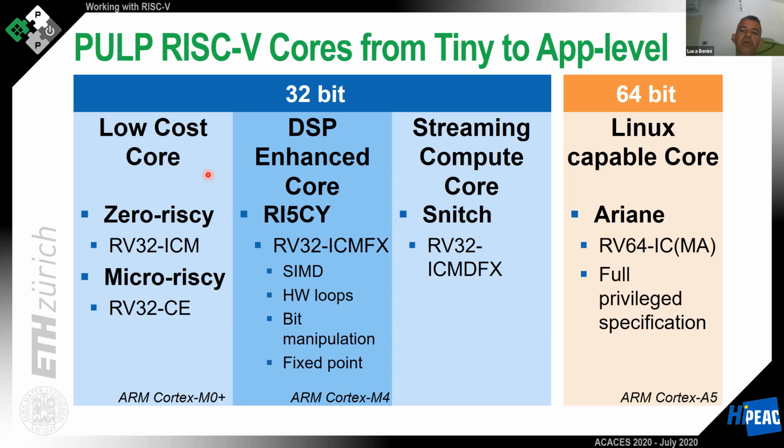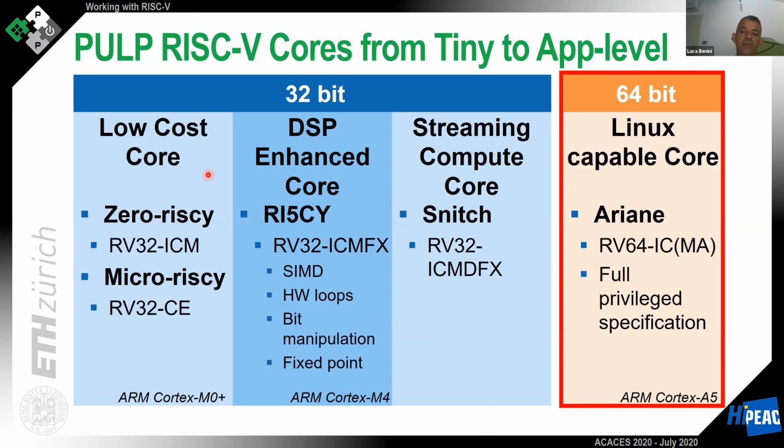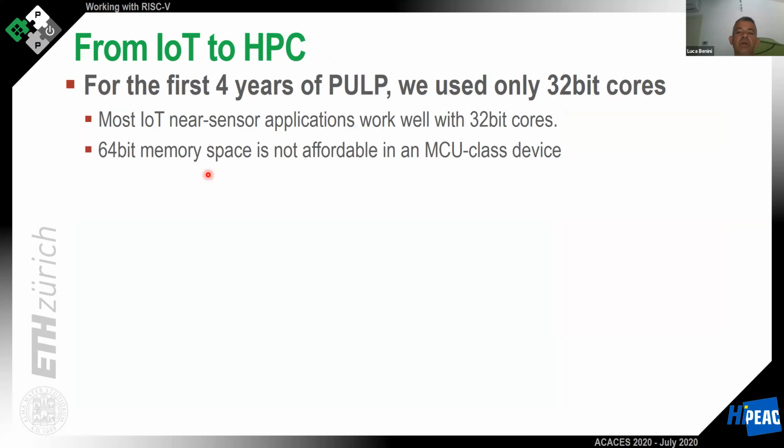The core we will talk about as an example and as a driver for understanding what is behind the scenes in a 64-bit RISC-V core is Ariane, which is our open source core that has recently been moved to industrial maintenance, still remaining, of course, free and open source in the whole open hardware group. So that's what we are going to be talking about.